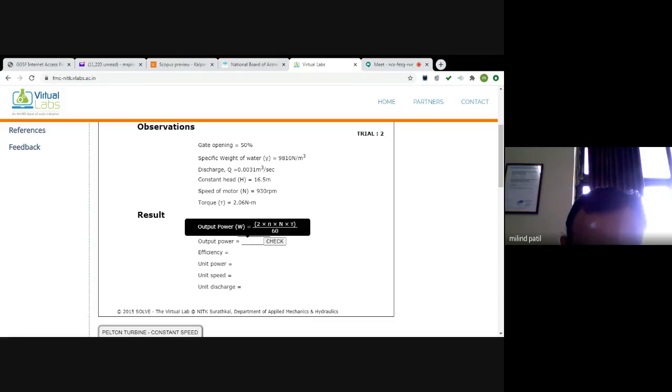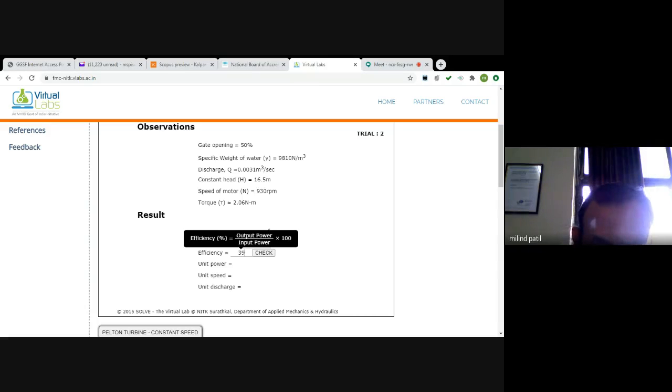So torque is 2.06. 100.72. And the efficiency is 0.399, 39.99.